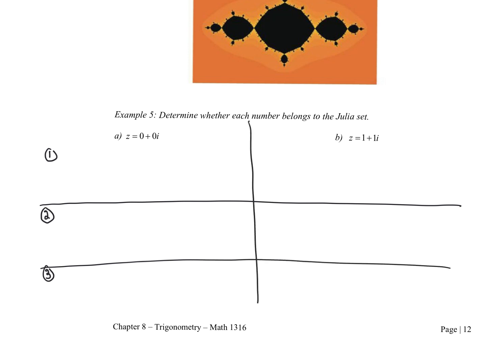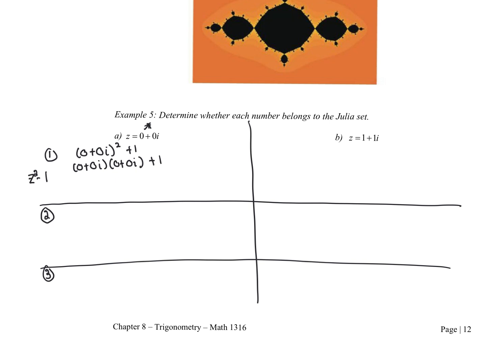Okay, so for the first one, it said that the first pattern was called z squared minus 1. So we're going to take this thing z right here. So we're going to do 0 plus 0i squared minus 1, which is going to be 0 plus 0i times 0 plus 0i, because that's what it means to be squared, minus 1. Well, 0 times anything is 0.